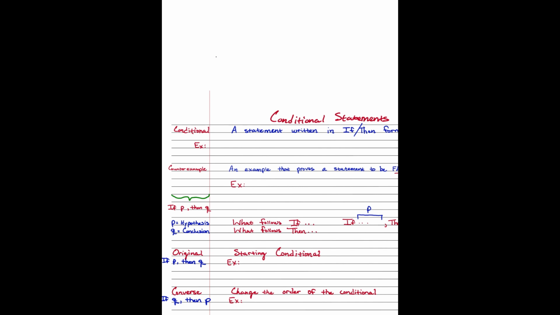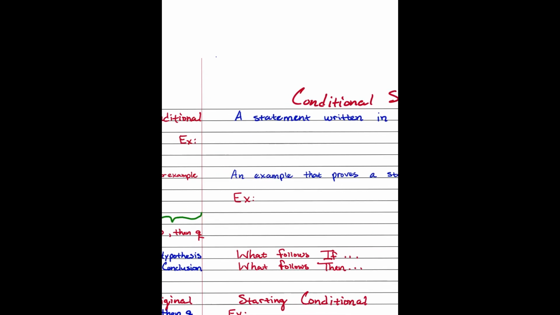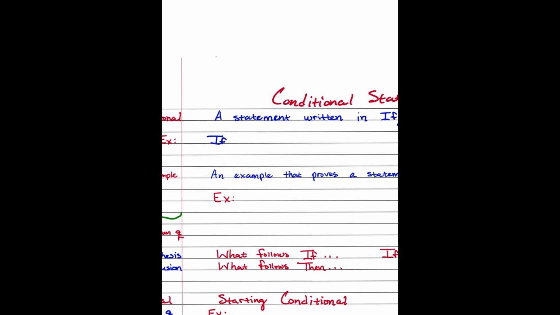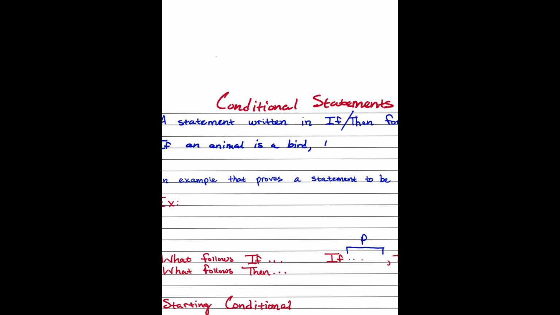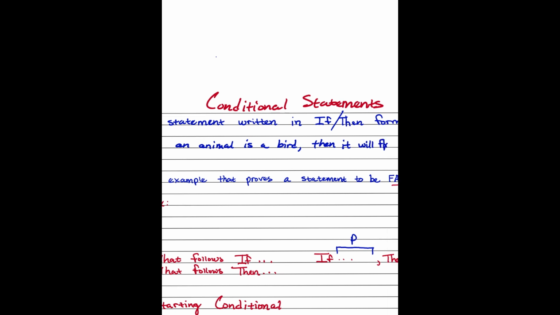So let's use an example here. We're going to say if an animal is a bird, then it will fly.